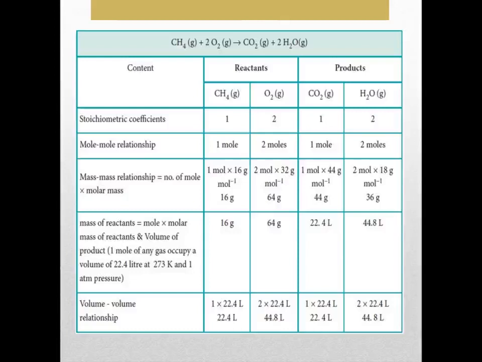CH4 and O2 are reactants, CO2 and H2O are products, okay. Now stoichiometric coefficient, for CH4 it is 1 and oxygen is 2. Again products 1, 2, that is a coefficient, okay.